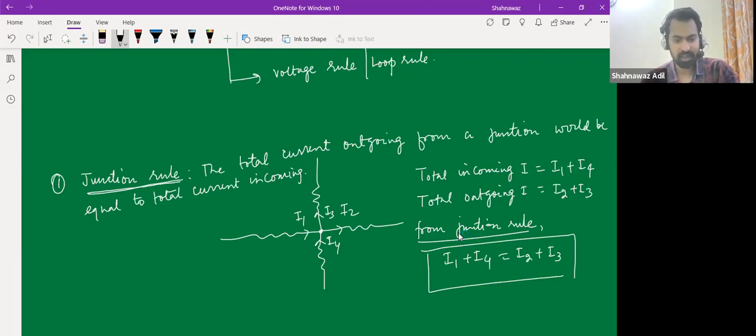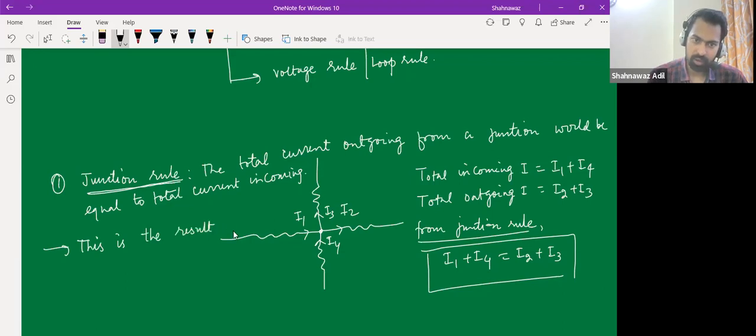And why does this arise? This arises due to the conservation of charge, right? The total charge coming in will be equal to the total charge going out. So that is why the total incoming current would be equal to the total outgoing current. So this is the result of conservation of charge.